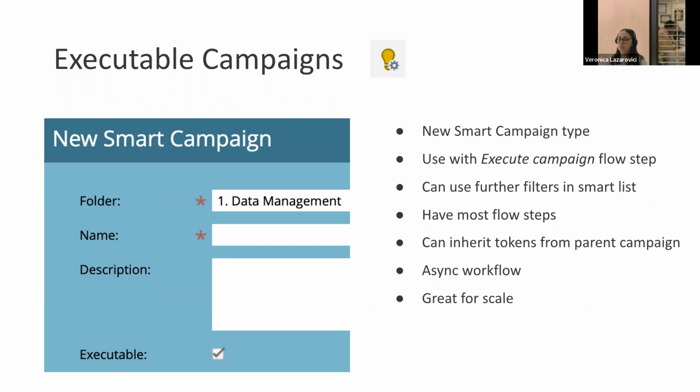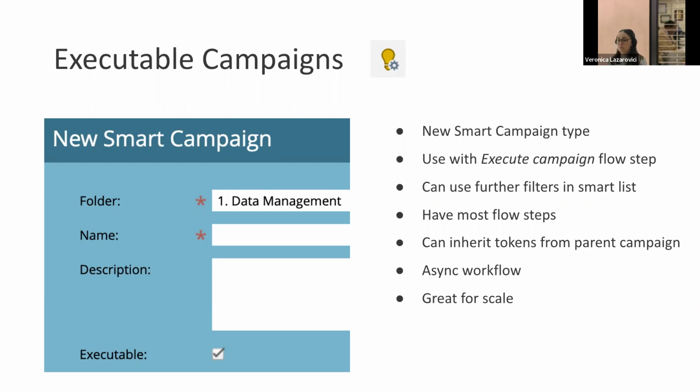You can have one executable campaign that is being called from different campaigns. For example, if you have a campaign that processes each of your forms, you can point all those campaigns to one scoring campaign or one interesting moment campaign, making it easy and centralized.